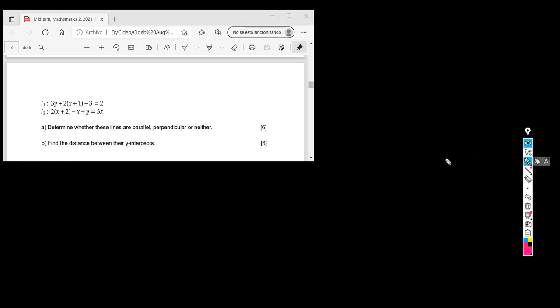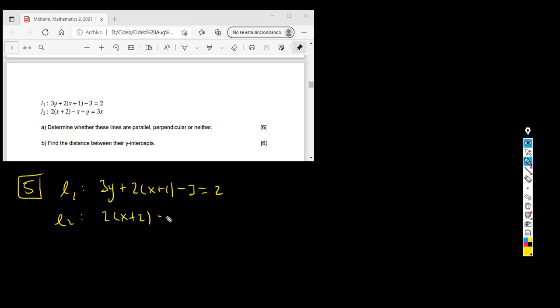Once again, basically the whole scheme is this, guys. Just put each of these two lines in slope intercept form. I'm gonna say that here.